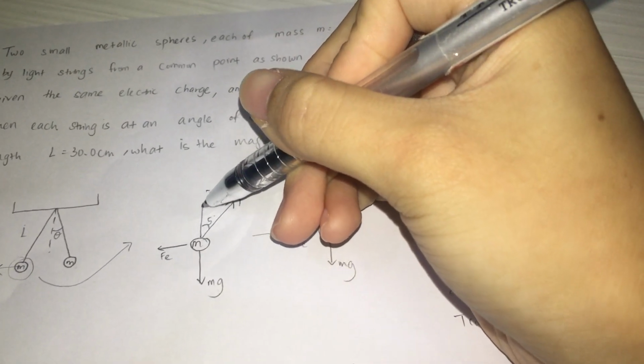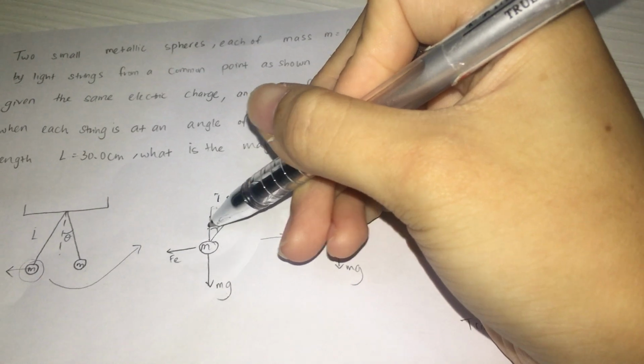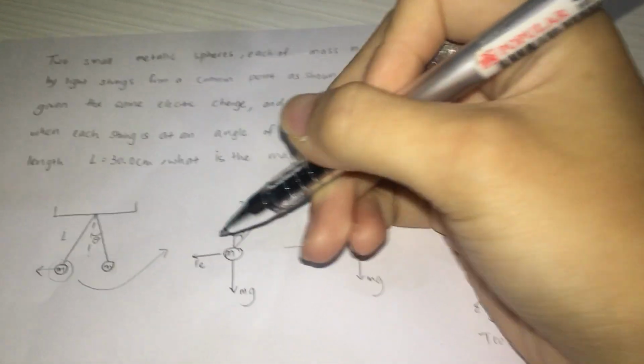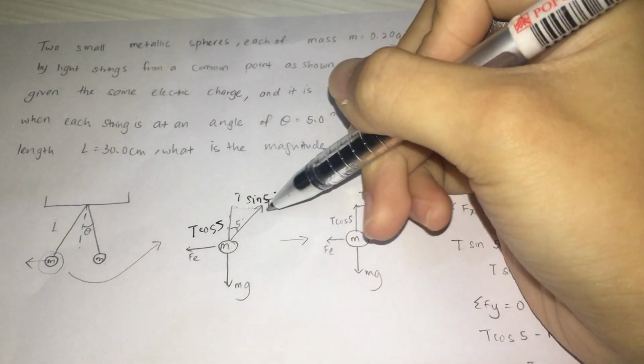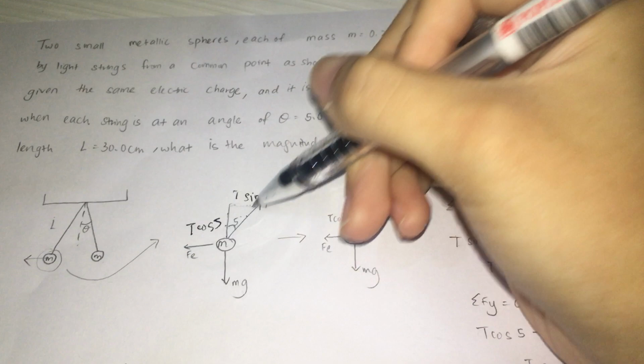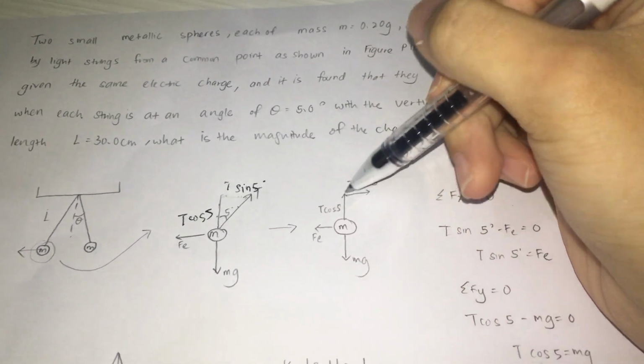Since the y component is adjacent to the 5 degrees angle, we can use T cos phi. And now we can just remove this here, as you only need to solve this.